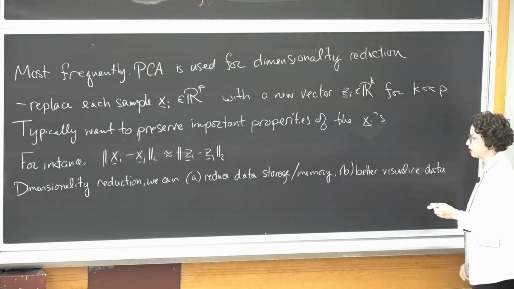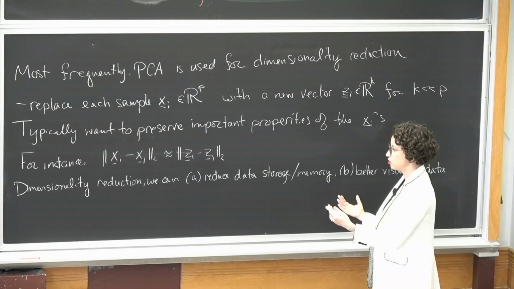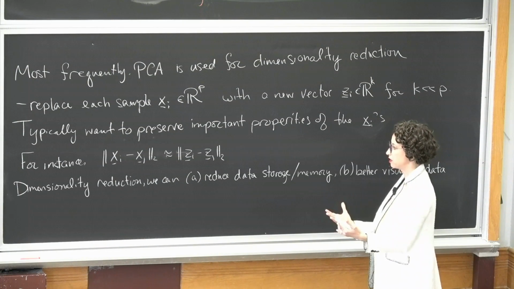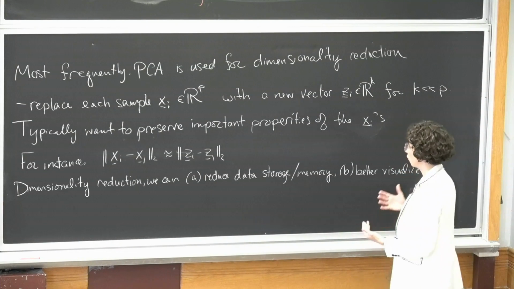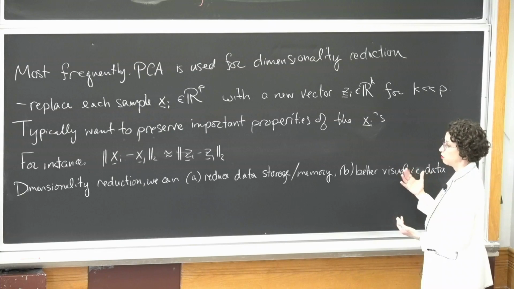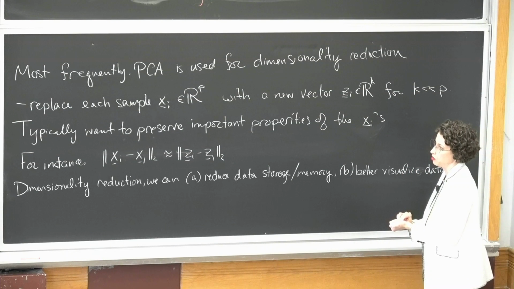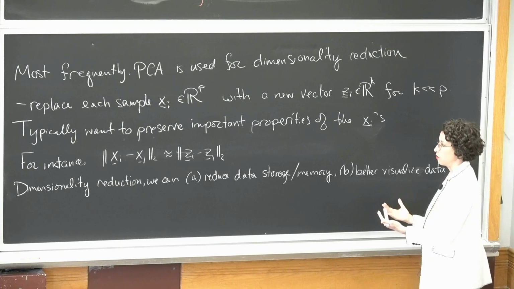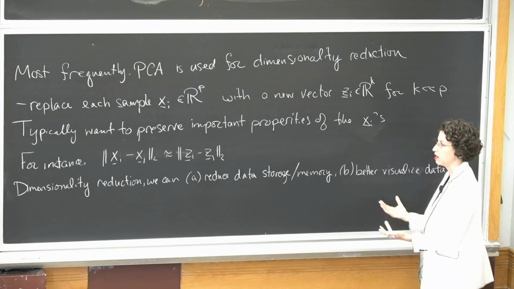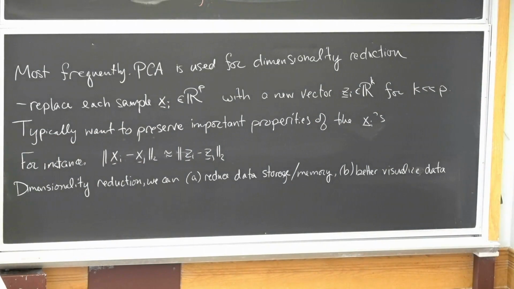Often you will see in papers where people have high dimensional data, but they're making a scatter plot in 2 or 3 dimensions. How are they doing that? Well, first they are somehow reducing the dimensionality of the data. People don't always use PCA for that. There are other visualization techniques, but PCA is one way that you can do that dimensionality reduction.